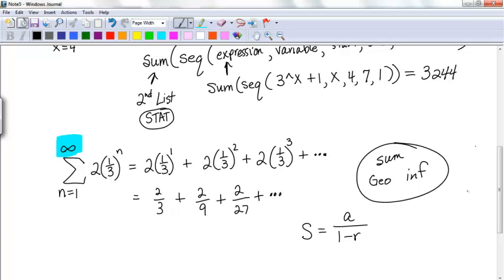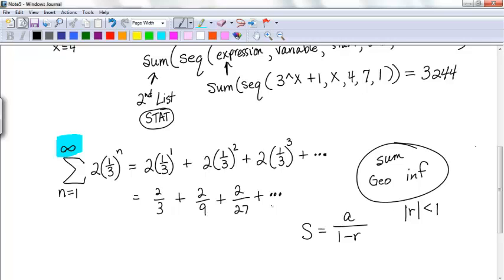When does that formula work? Yep, if the absolute value of R is less than 1.